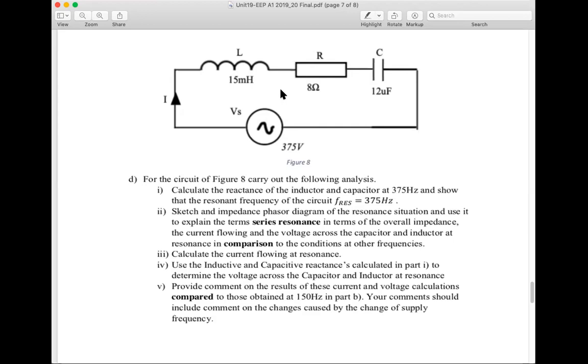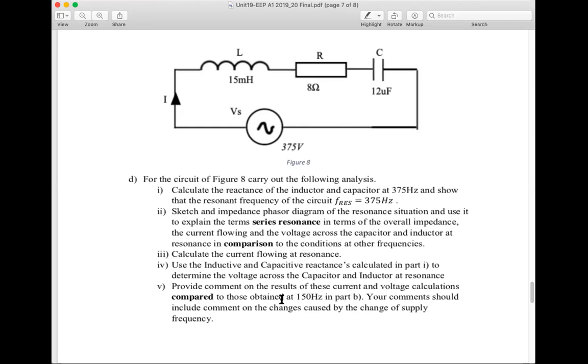Okay. So at resonance, you get potential for very high voltages across these two reactive components. And with 375 volts being the supply voltage and only 8 ohms resistance, 1,000 and more volts is not out of the way.